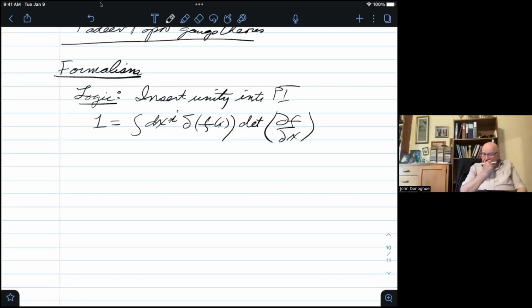So I'm going to stick this into the path integral. The early stuff here is going to turn into gauge fixing. And the determinant I'm going to evaluate using the path integral over fermions.